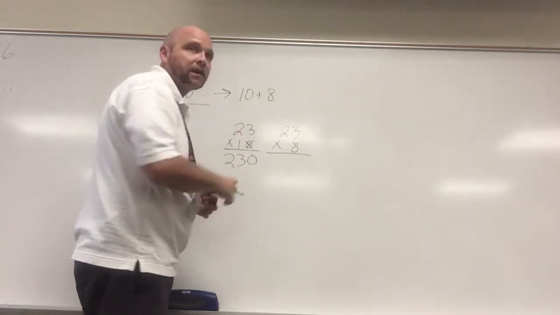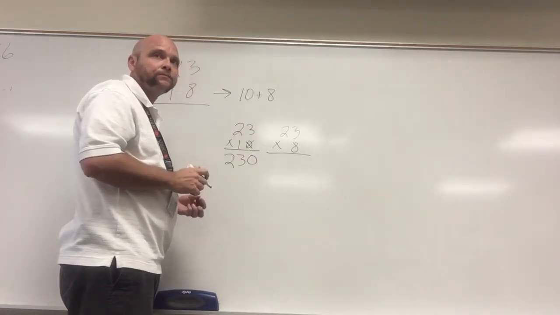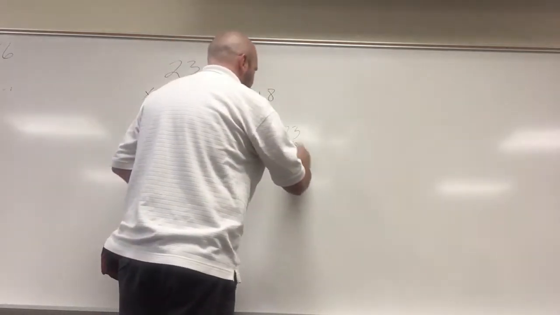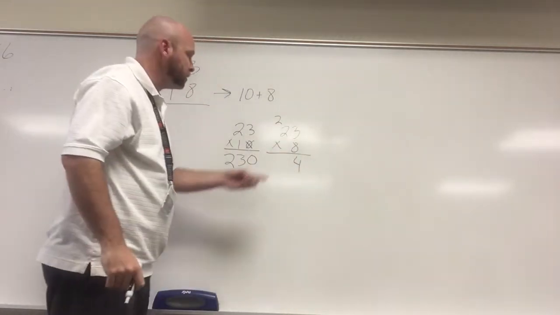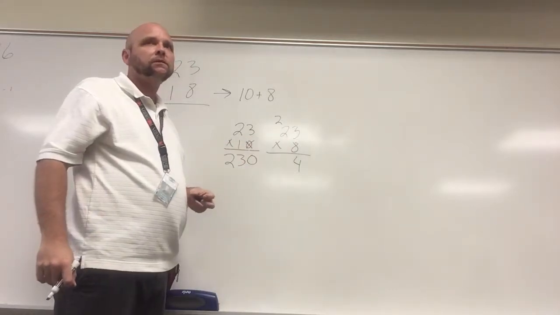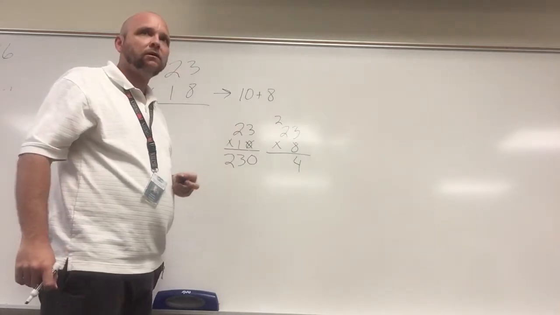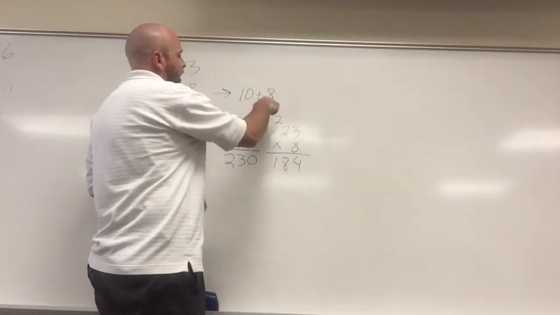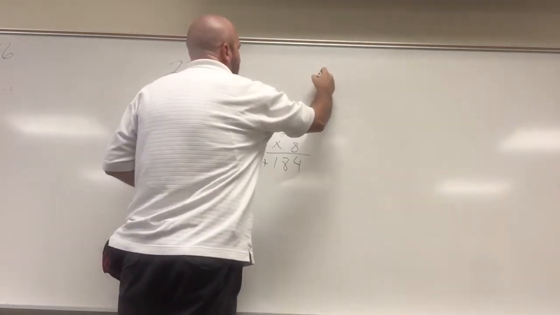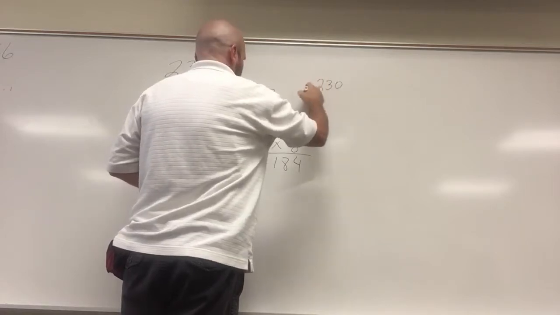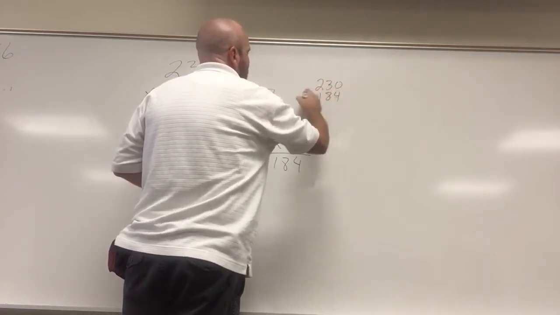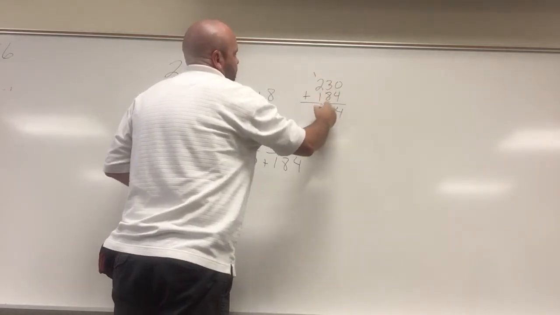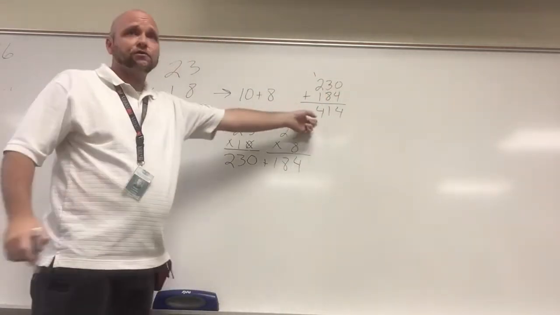So what's 3 times 8? 24. Carry my 2 over to the tens place. 8 times 2? 16. 16 plus 2 more? 18. And now I add these two together. So I have 230 plus 184. So I think my answer is 414.